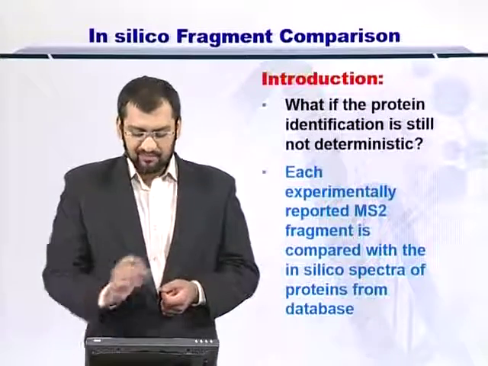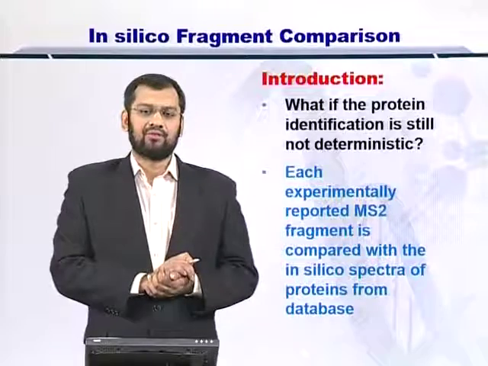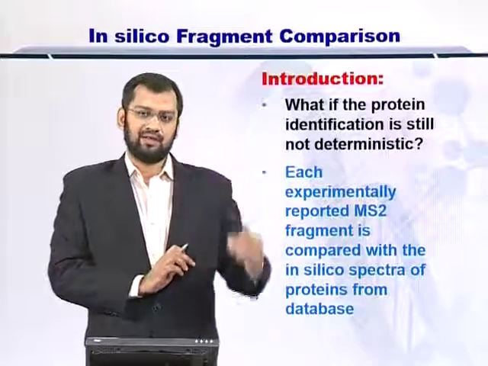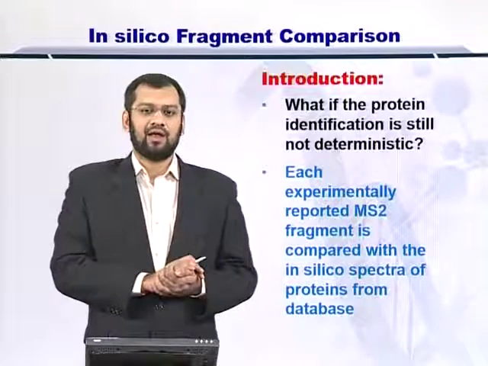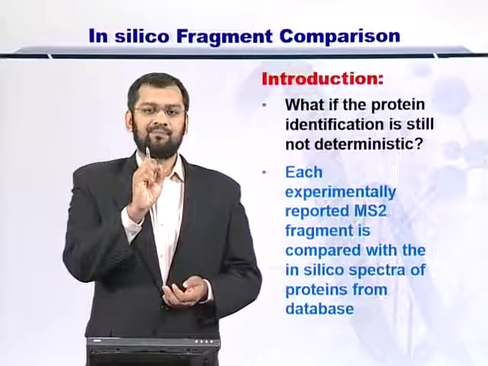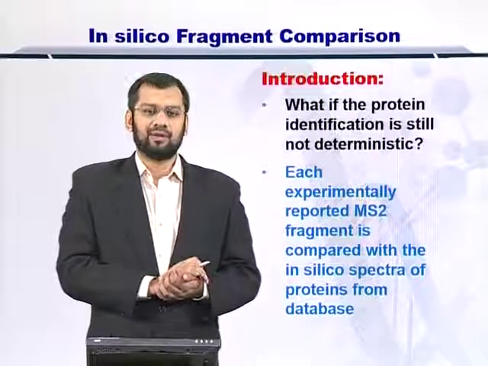In that step, what you want to do is you take the MS2 spectrum, the entire peak list, and you take one protein from the database at a time and you create the theoretical spectrum from it.